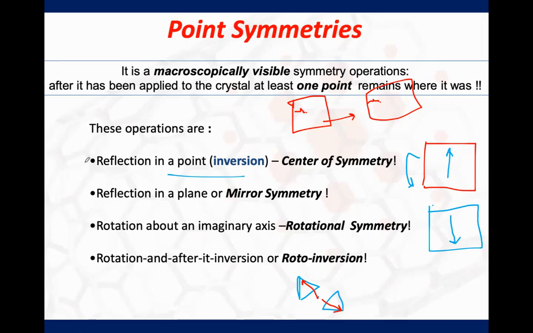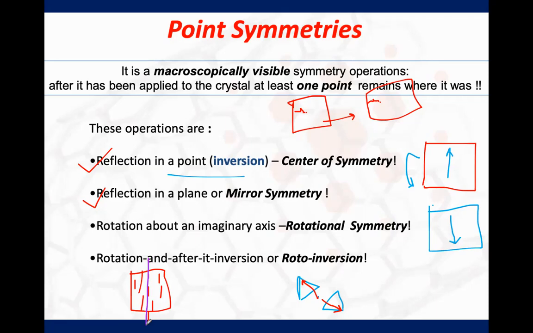That is the first type, and there is another one called mirror symmetry that you know very well. If you have a crystal and you define a plane in the crystal, you should see the identical shape in that crystal. If you make it into two halves, then you still see the identical shape.